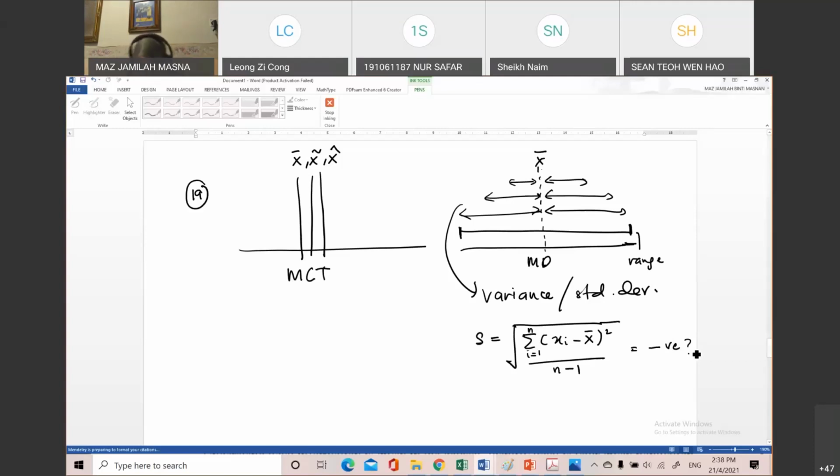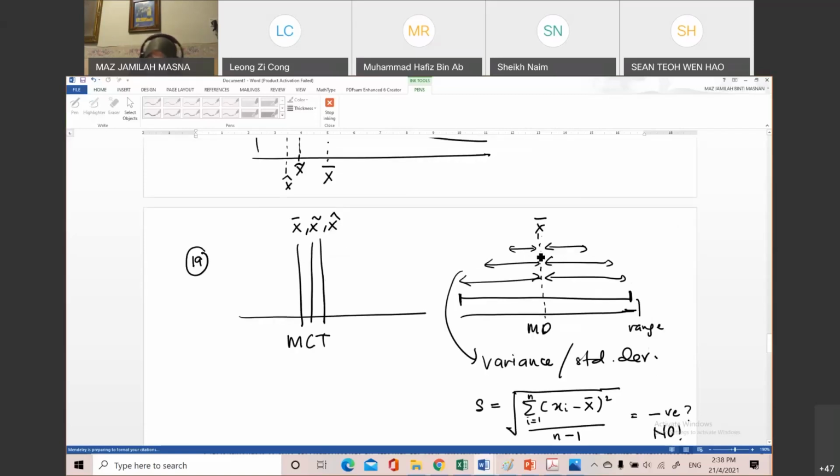No. Why? Because we are squaring. We square all the values of the difference. This is the difference, and each and every difference will be squared.